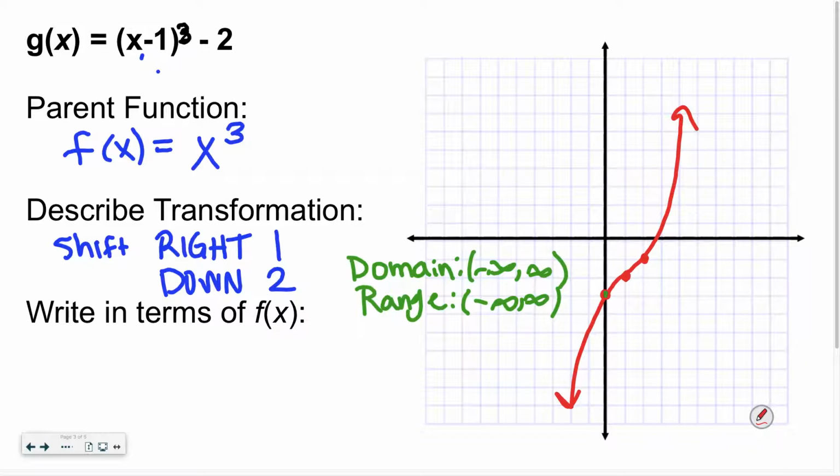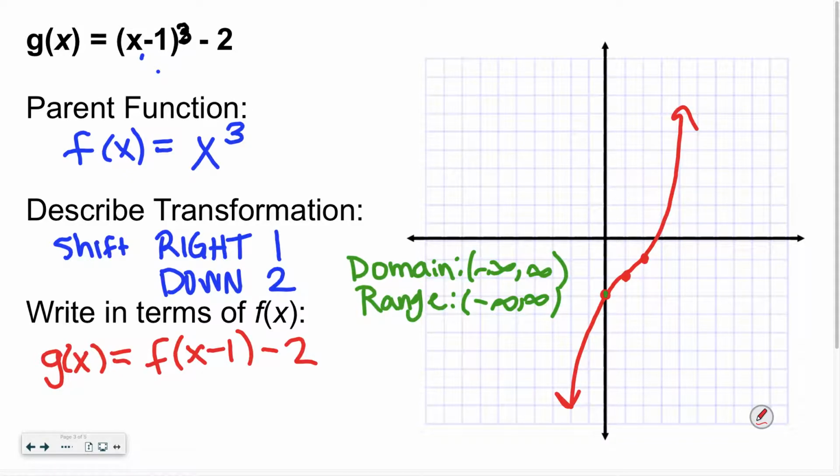Now, probably the most unique part of this problem, it's going to ask you to write it in terms of f of x. Okay? We have defined f of x to be x cubed. So instead of writing x minus 1 cubed minus 2, we're going to write that inside of our function is x minus 1, and then outside is minus 2.